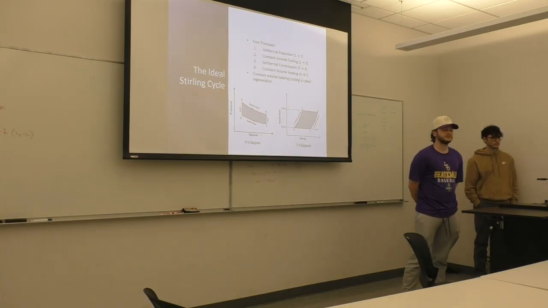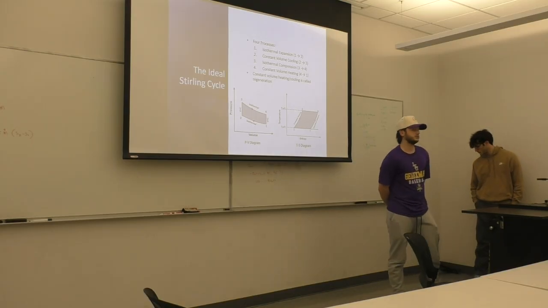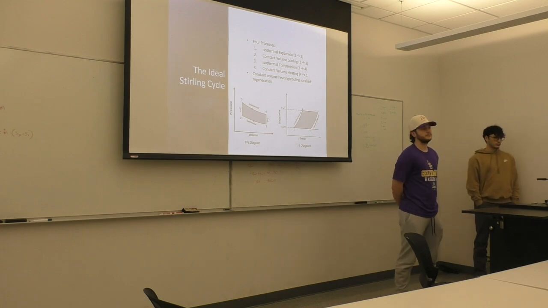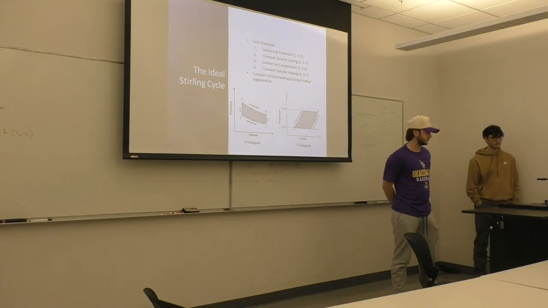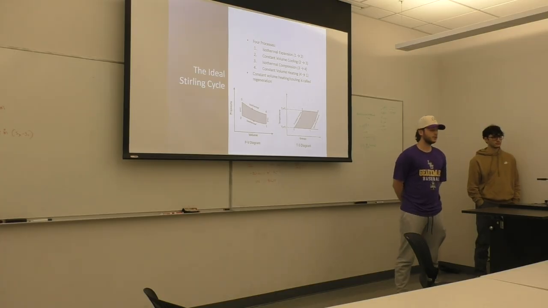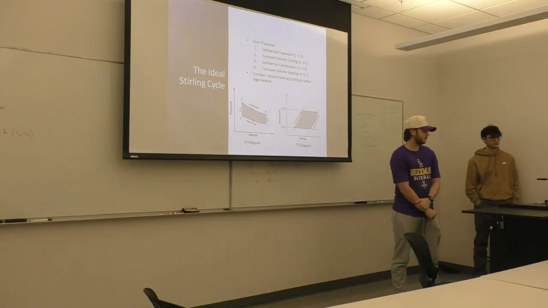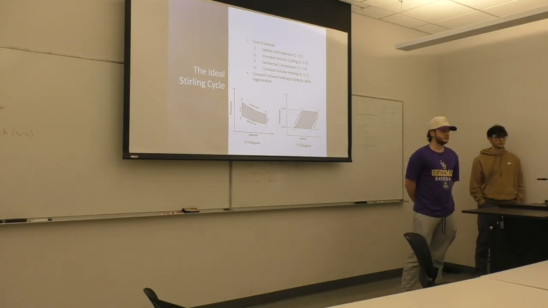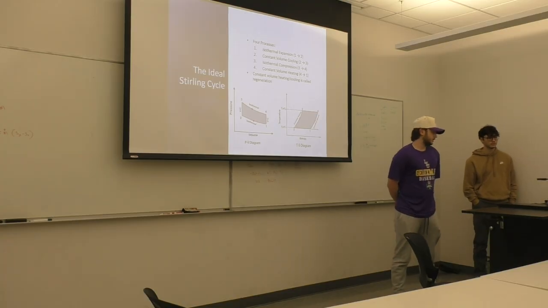The ideal Stirling cycle consists of 4 processes. The first is isothermal expansion, where the working gas expands and receives heat from the hot reservoir. The next is constant volume cooling, where the now expanded gas flows into the regenerator and releases heat into it, which is stored for process 4.